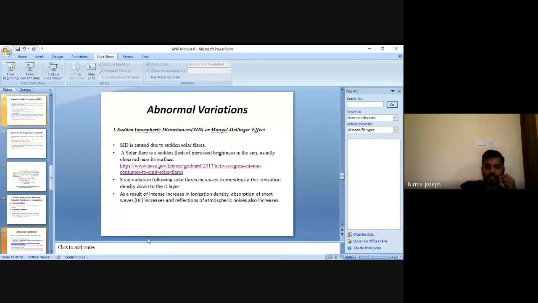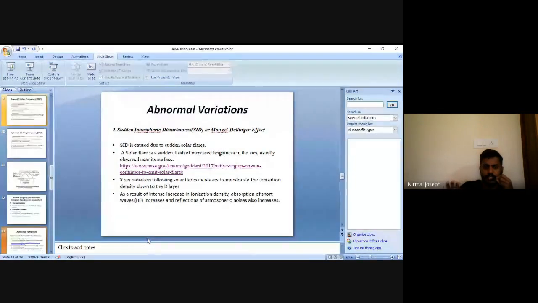The solar flare means a flash of increased brightness, just like a storm of heat entering Earth's atmosphere. We cannot predict when it will happen, how it will happen, or how intense it will be. That's why it is included under abnormal variations.